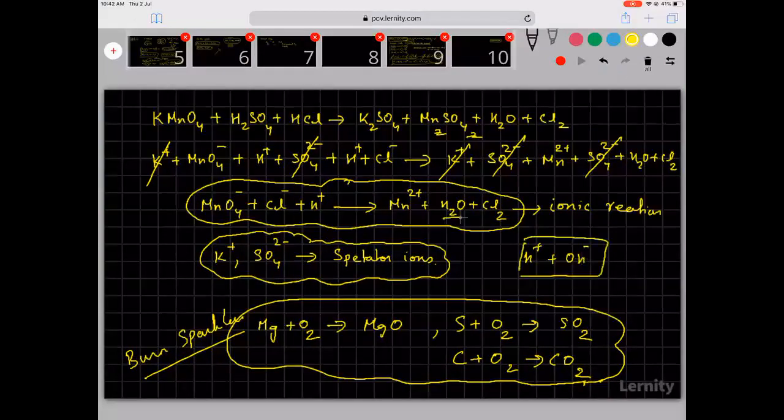In water you won't find these ions. But if you take NaCl and put it in water, you will find Na plus and Cl minus, not NaCl. But in water, you will find water. So water is not broken, everything else is broken. Anything else when added to water breaks into its respective ions. Water doesn't break into its respective ions.